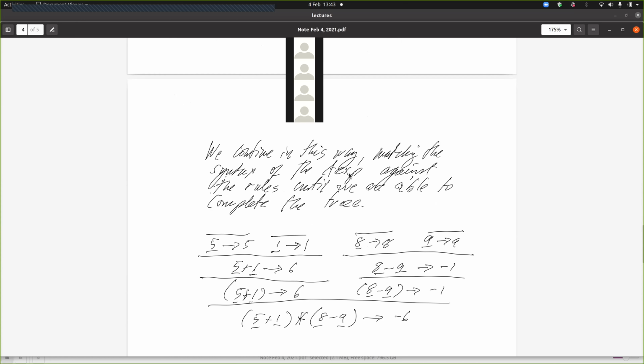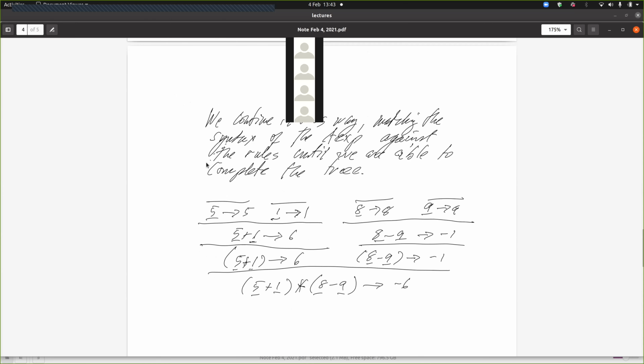If you continue in this way for the entire thing, here is the derivation that you get that justifies that this paired with this is in the relation arrow. But in this derivation you've also shown that the numeral 5 plus numeral 1 in parentheses is in the relation with 6, and that this is in the relation with minus 1, and that this is in there, and so forth.